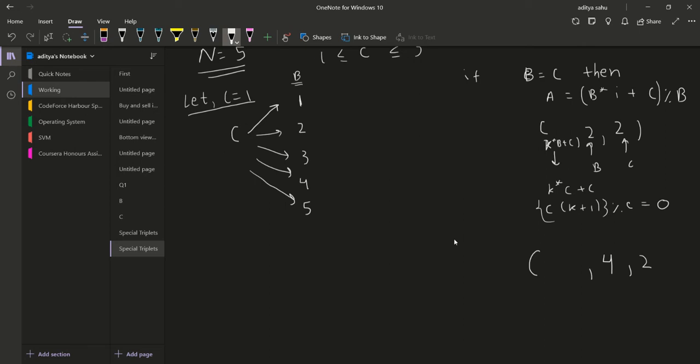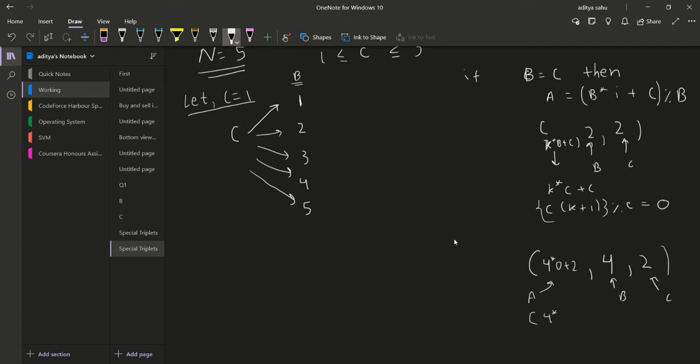Now I will be able to generate A in this fashion. So it should be an integral multiple of B, so 4 times 0 plus 2 can be there. And when I do modular expression with 4, I will be able to get C. This is C, this is B, and this is A.